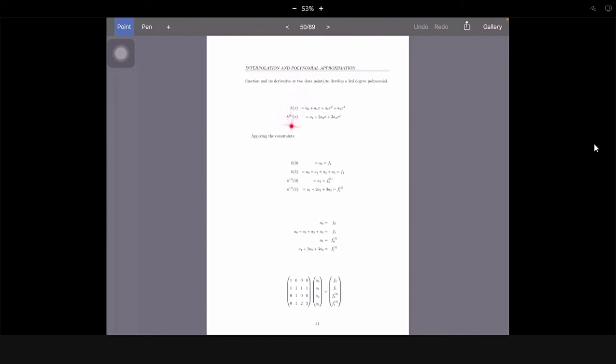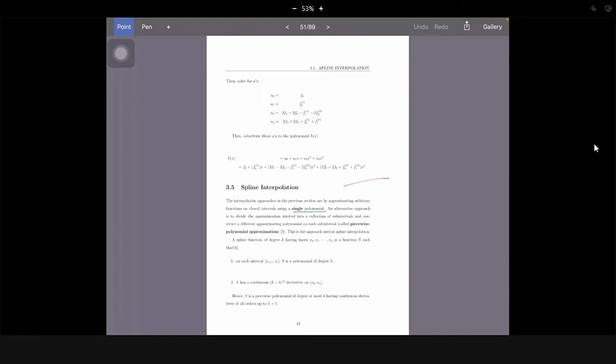Ganti nilai, solve, akan dapat this function. Okay, so kat sini lah barulah boleh ganti. Okay, find ataupun approximate the value of function apa-apa when X is equal to apa. So macam itulah.